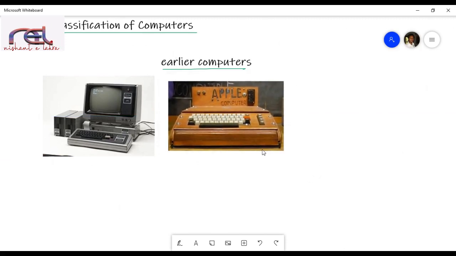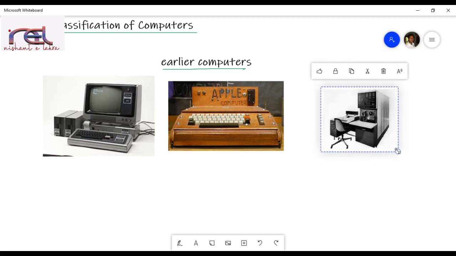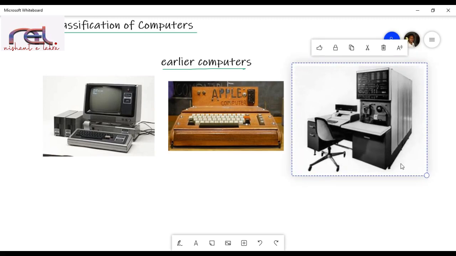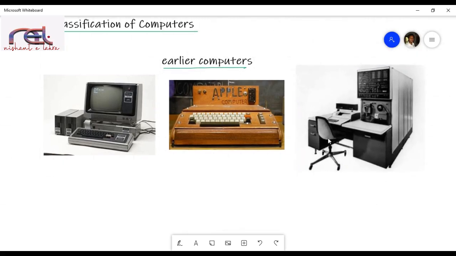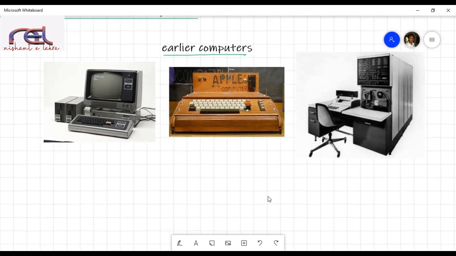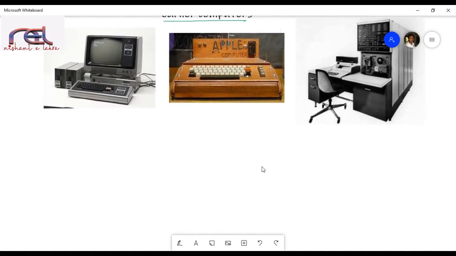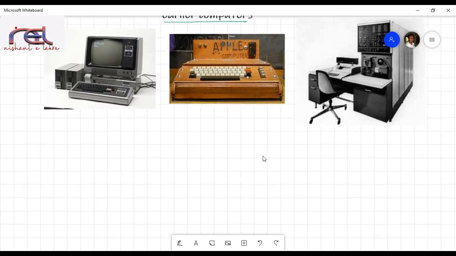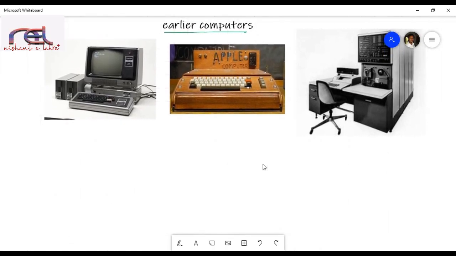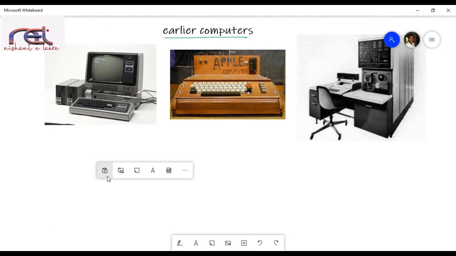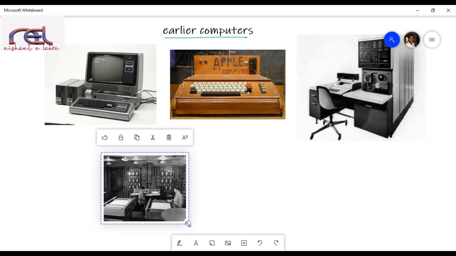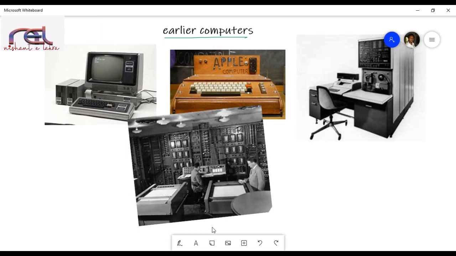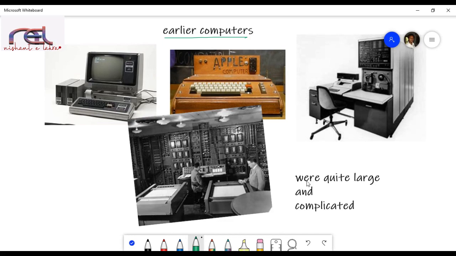The space that they took was more, and everybody could not operate them. Only a person who knows about computers or who knows programming could use the computers, if you compare with the present generation computers. These are some examples of earlier computers that you see on your screen. These computers were quite large and complicated. Everybody could not operate them.